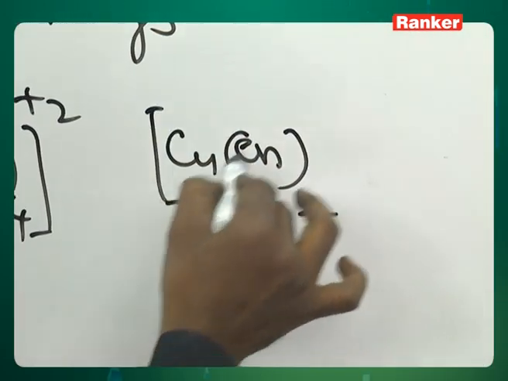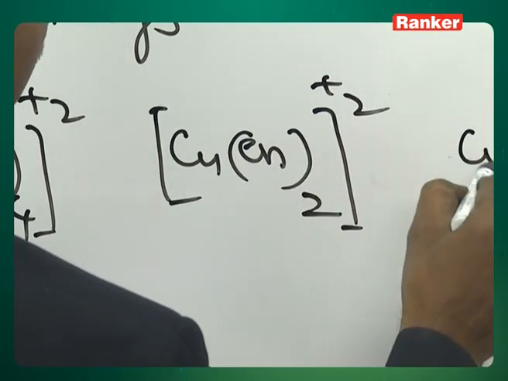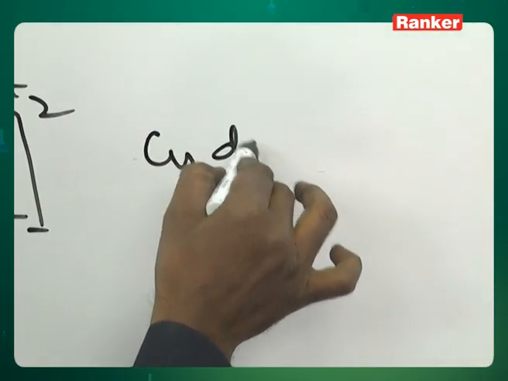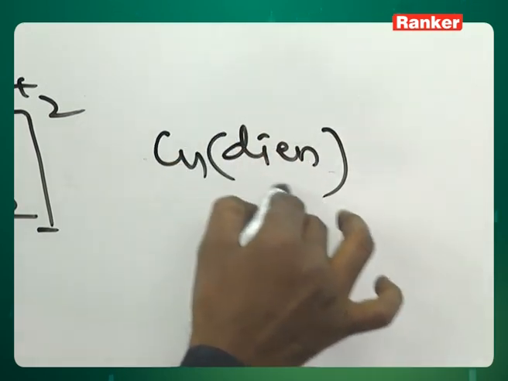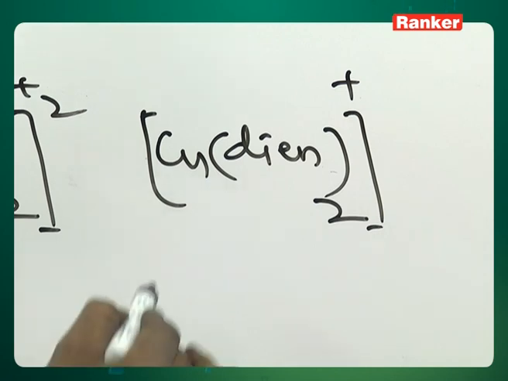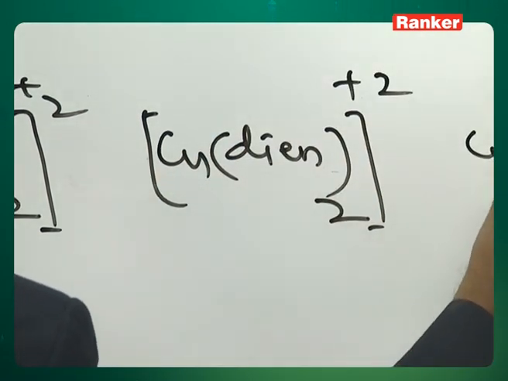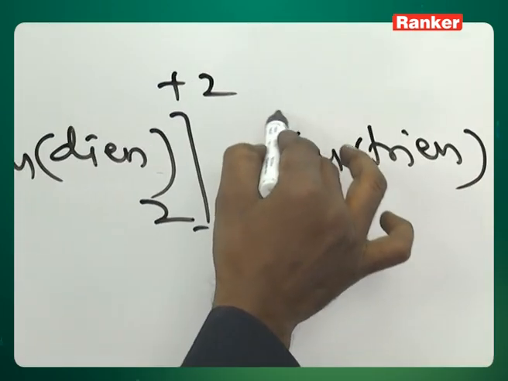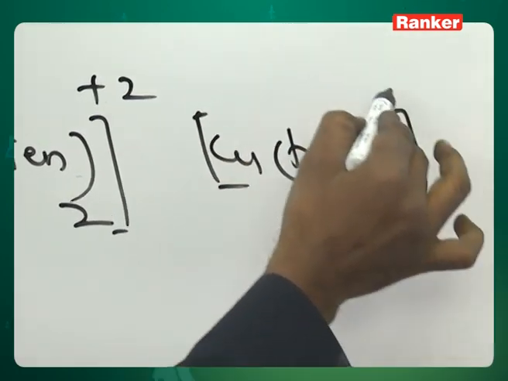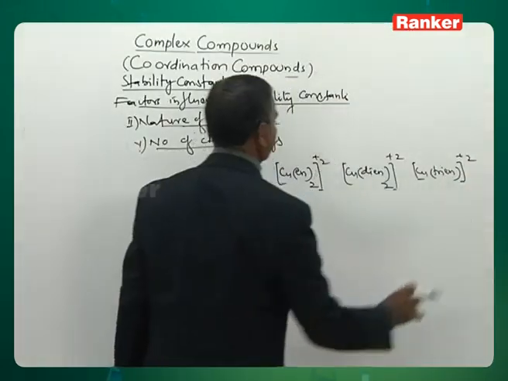Then [Cu(dien)2]2+, dien taken twice, and [Cu(trien)]2+.